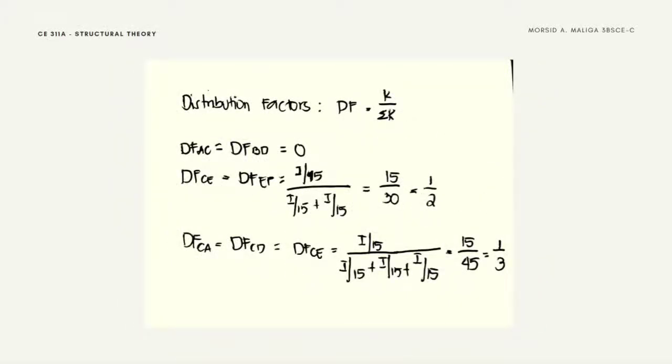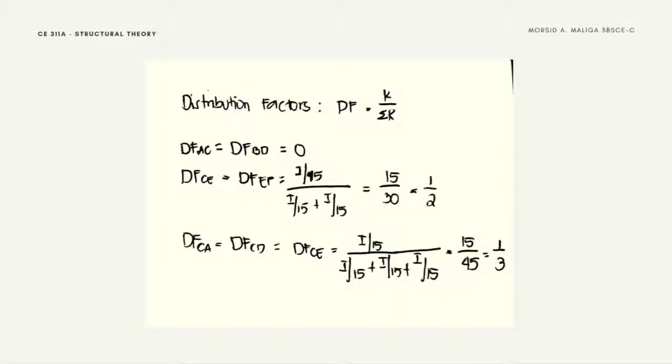Next, what we are going to solve now is yung distribution factors of each member doon sa figure natin. So, the formula for determining our distribution factor is the stiffness factor all over the summation of the stiffness factors.